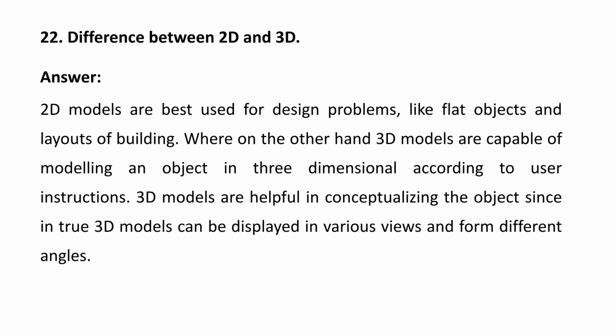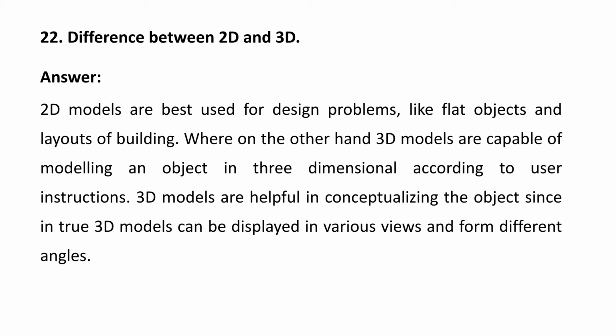Next question. What is the difference between 2D and 3D, two-dimensional and three-dimensional? The answer is 2D models are best used for design problems like flat objects and the layout of a building. Okay, so suppose you are designing a building. In that case, you are going to use 2D models only.